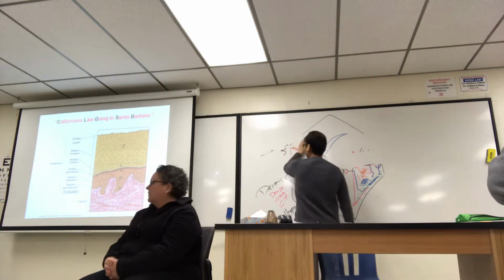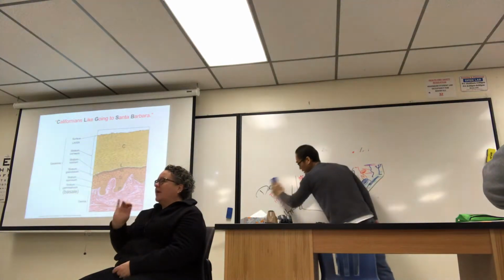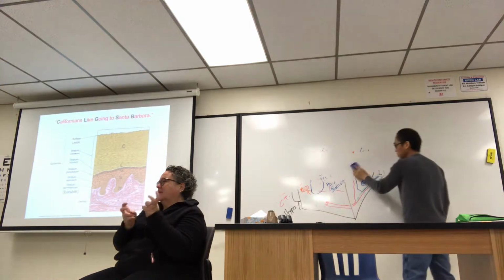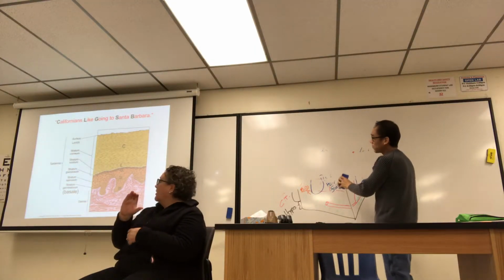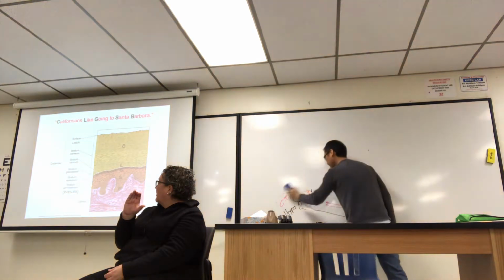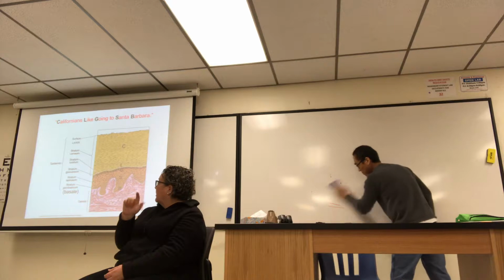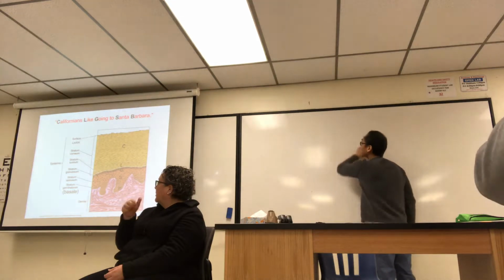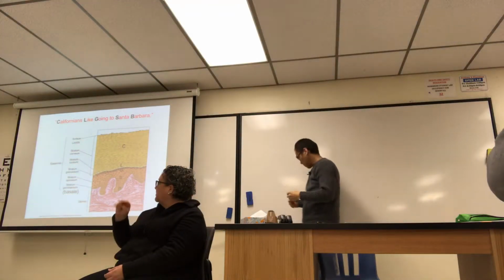California is like going to Santa Barbara, as a memory jogger to memorize the different strata of the epidermis. So there's corneum, lucidum, granulosum, spinosum, basale. So call this strata of the epidermis.